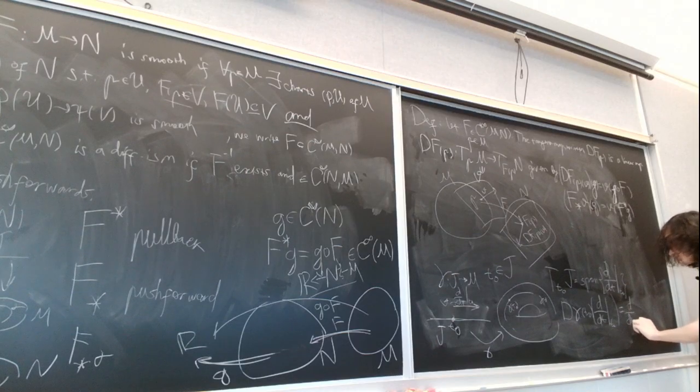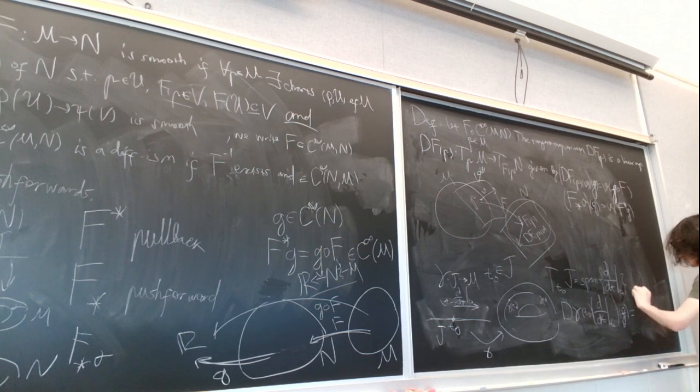This is going to be d/dt of some function, which I forgot to write. Take some g, to be consistent. This is d/dt of g of gamma evaluated at t0.